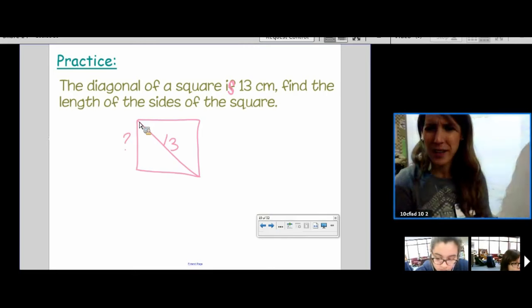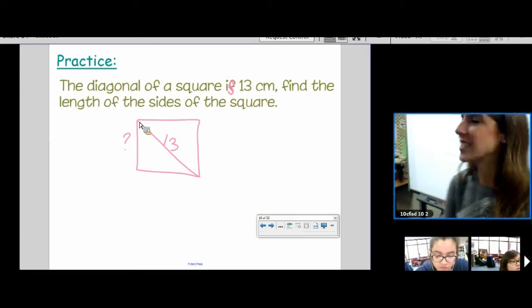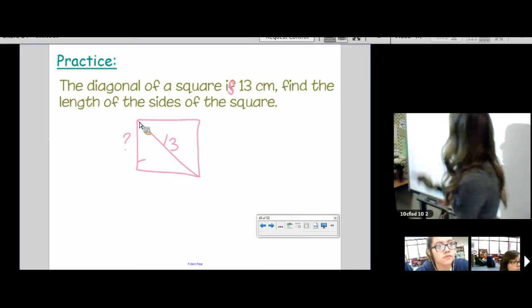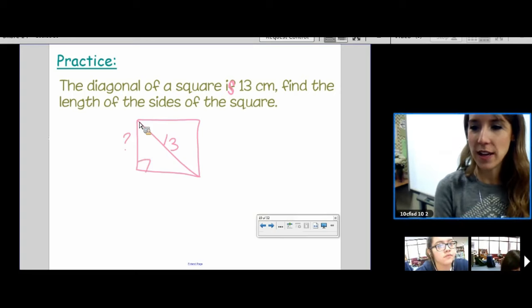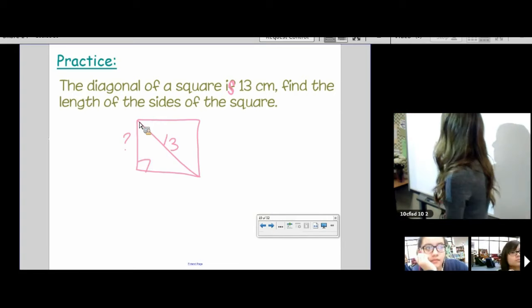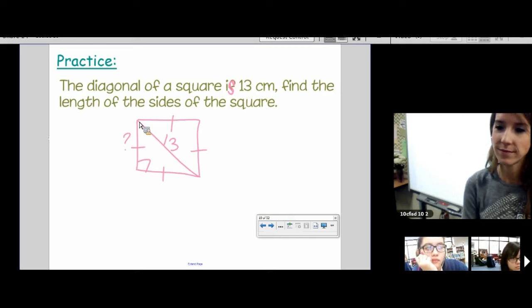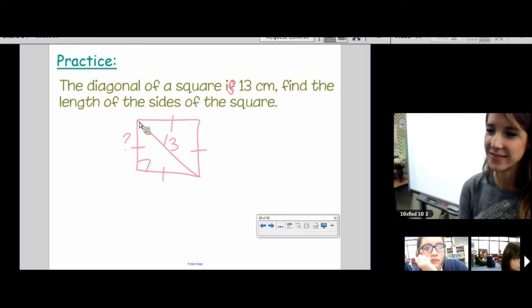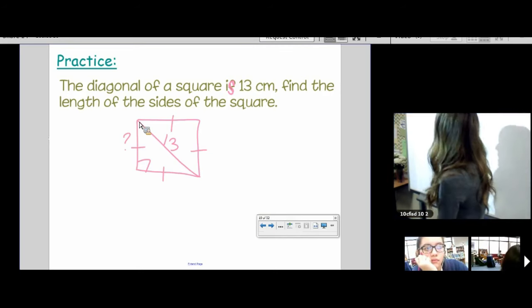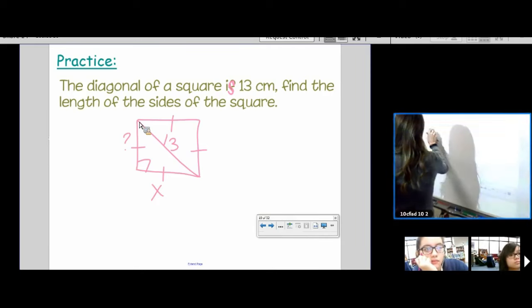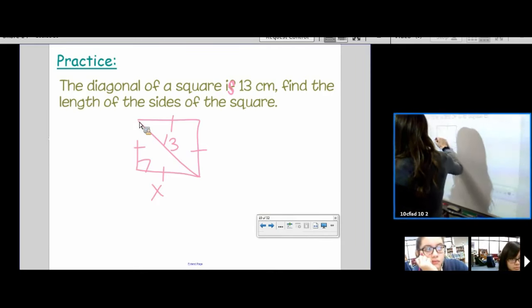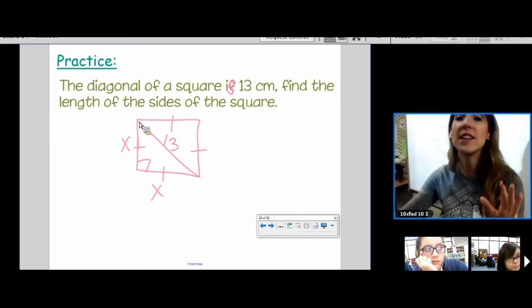How are we even going to begin? Yikes! I'm just going to start adding markings to my picture. Now, since it's a square, the unique thing about it is that all of the sides are the same length.